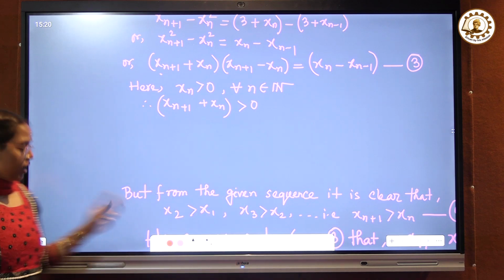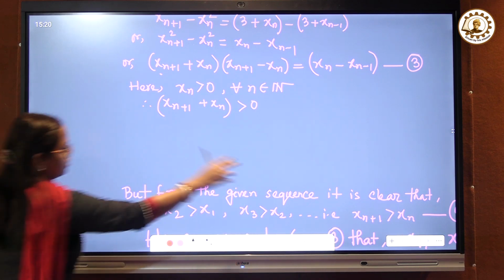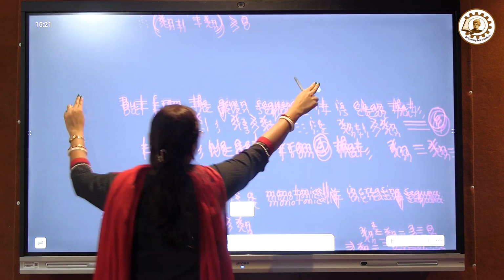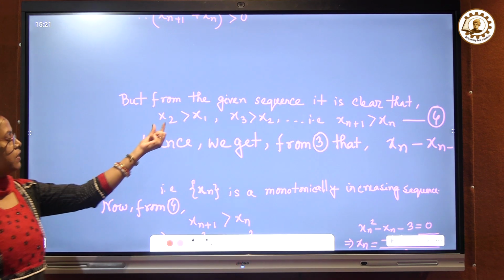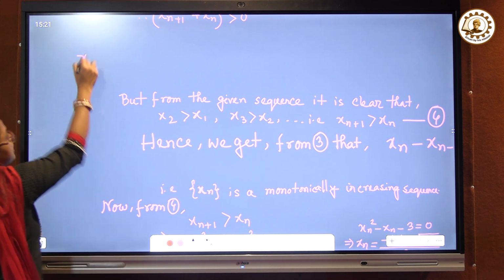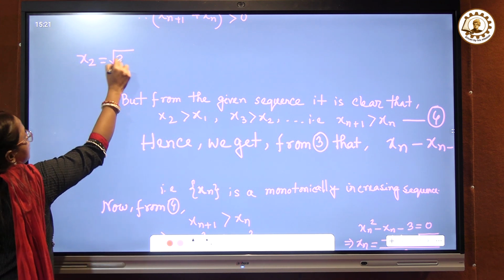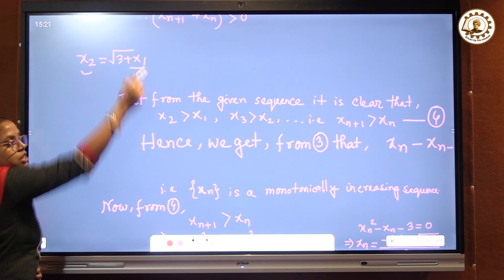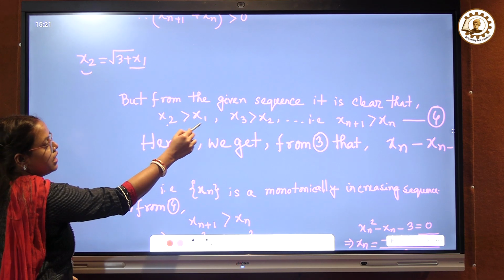See, from the given relation of the sequence, every term can be written as x2 is root over 3 plus x1. That means x2 must be greater than x1, so we can write x2 greater than x1.